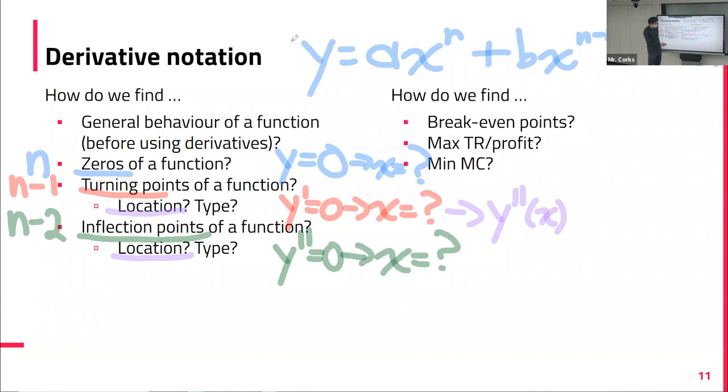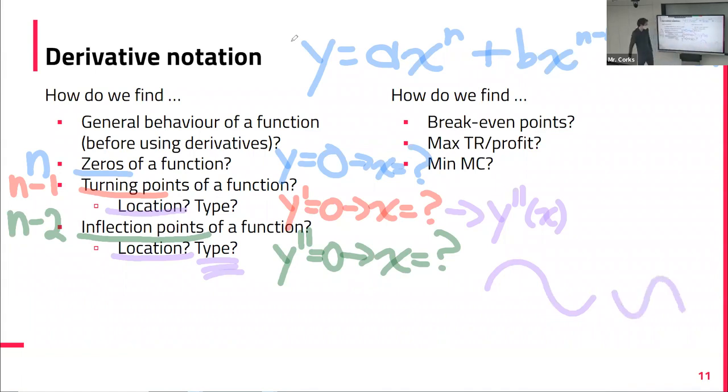Inflection points. Do we have a way to find the type of an inflection point? We have not talked about this, but just like the turning points have positive to negative or negative to positive, the inflection points can also be curving down to curving up, or curving up to curving down.